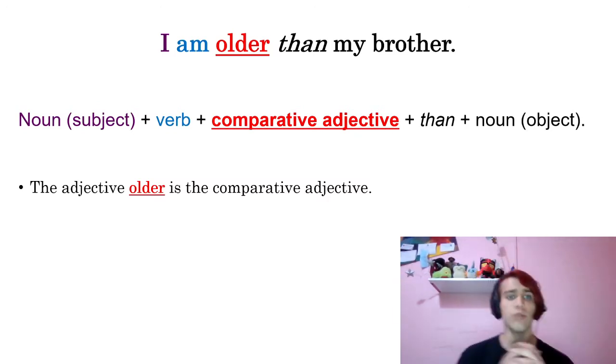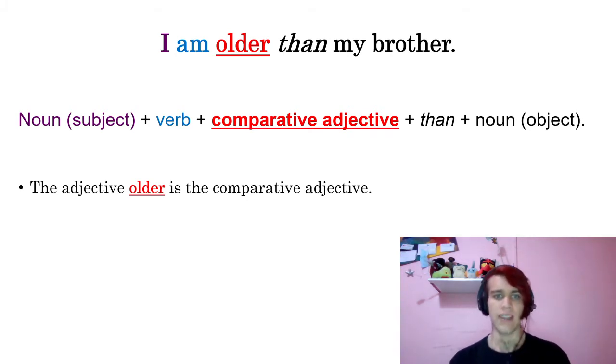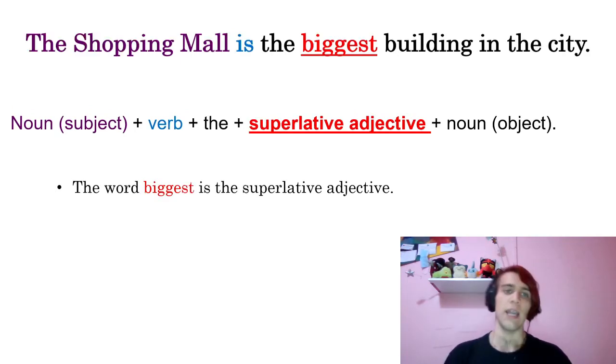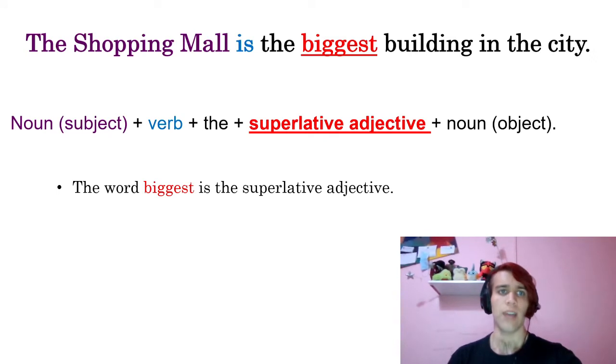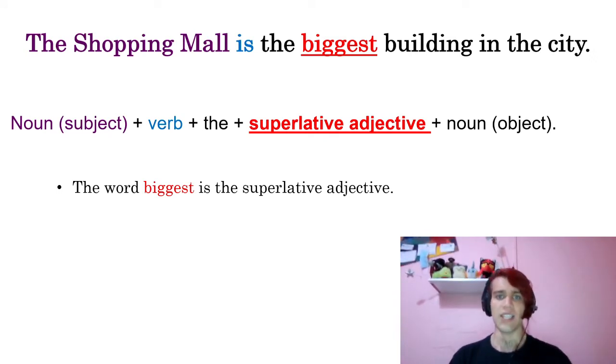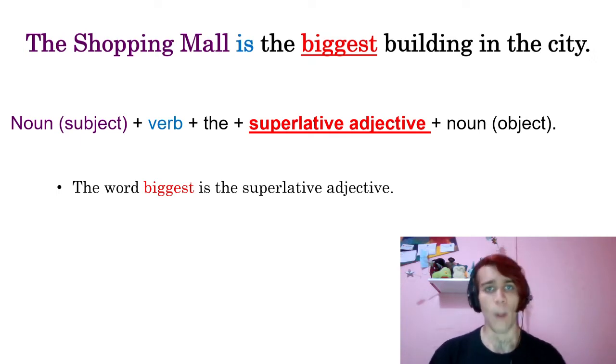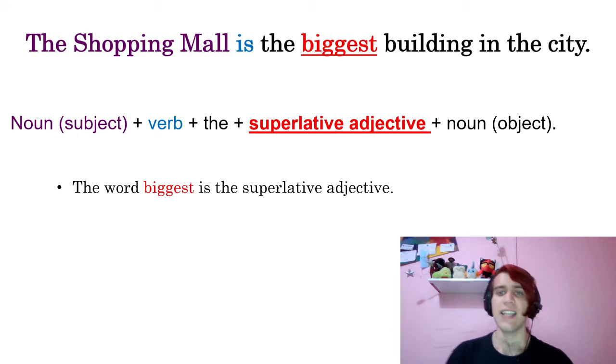First we have the noun I, we have the verb am, the comparative adjective older, and the rest of the sentence. In this other example, we have that the shopping mall is the biggest building in the city. The shopping mall being the noun or the subject, is being the verb, plus the superlative adjective, which is biggest, and the noun of the object of the sentence, which is building in the city.